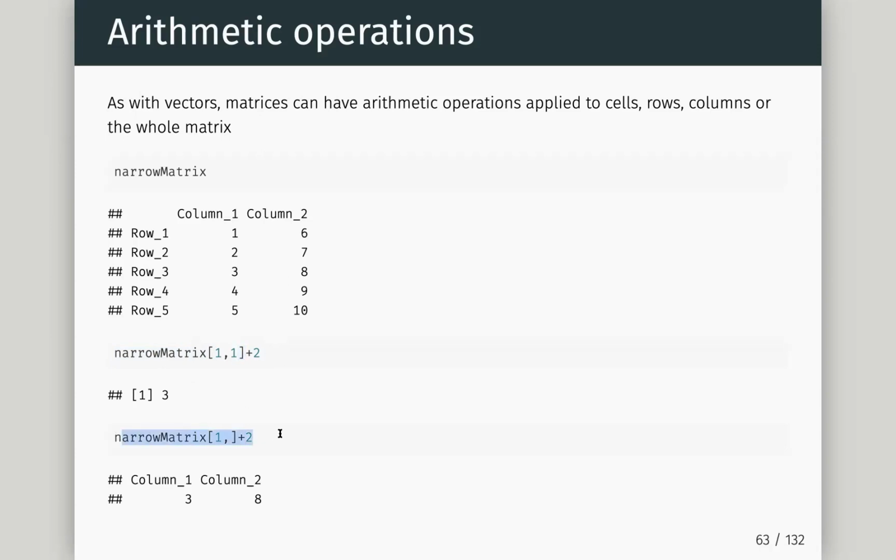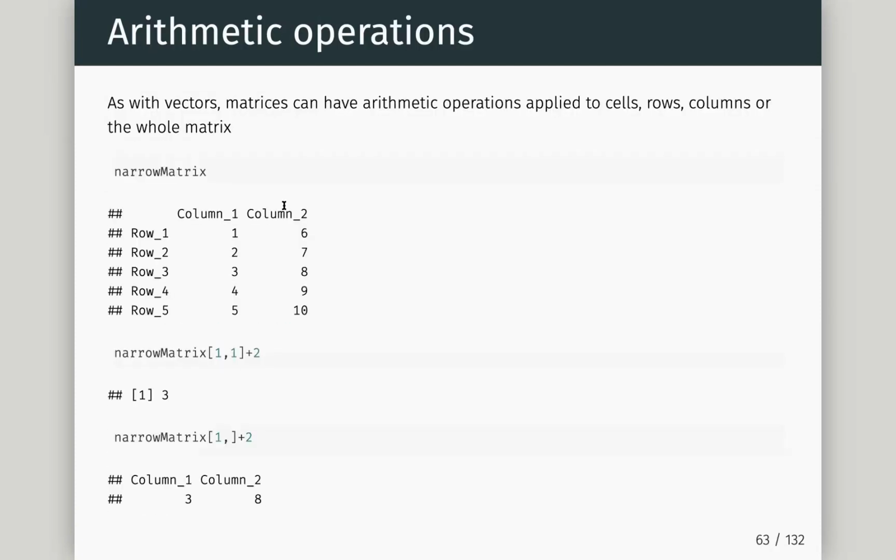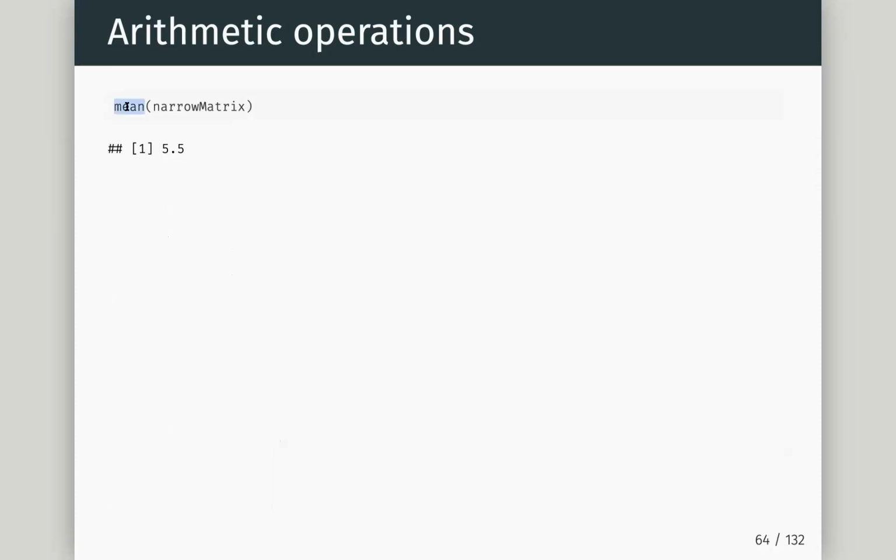If I wanted to add it to every value of my first row, I can take out the row and then do +2. And this takes out this and adds 2 to that, 2 to that, 3, 8. What's nice is we can also apply arithmetic operations to the whole matrix. And in this case, the function mean takes a matrix and it's going to find the mean of the whole matrix. I don't need to take a mean of every column or every row and then take a mean of that.